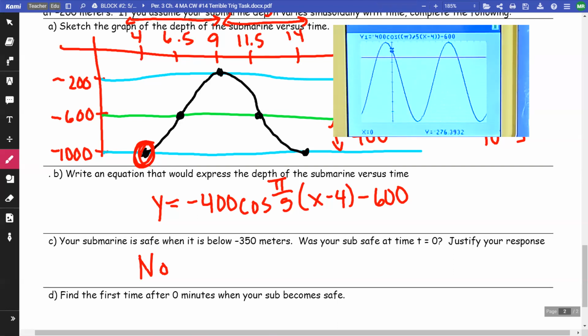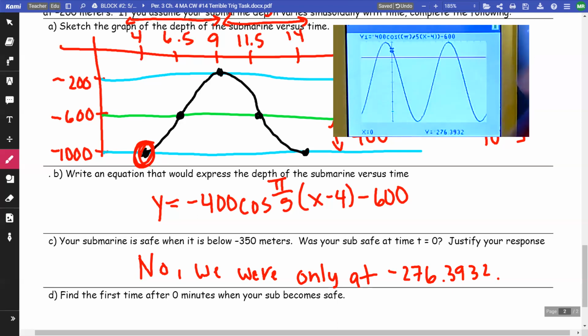And at 0, we were at negative 276.3932. Okay. Find the first time after 0 the sub becomes safe.